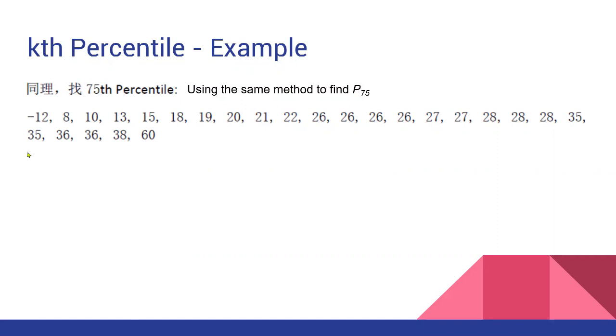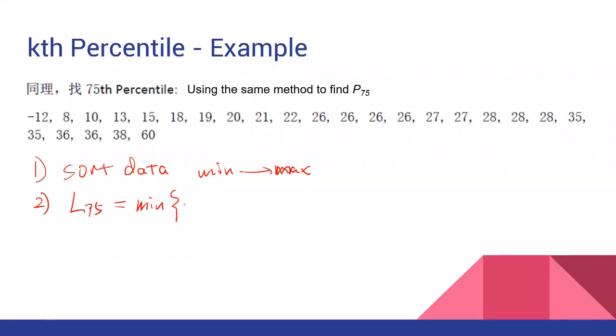Okay, let's have a look at this together. So in order to find the 75th percentile, first we need to sort these data in an ascending order, which means minimum to maximum. Okay, this has already been done for you. So second step is to find L75, which is a minimum value of these two.